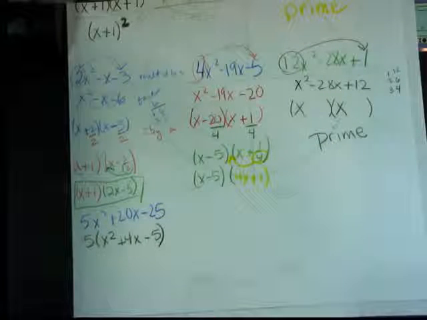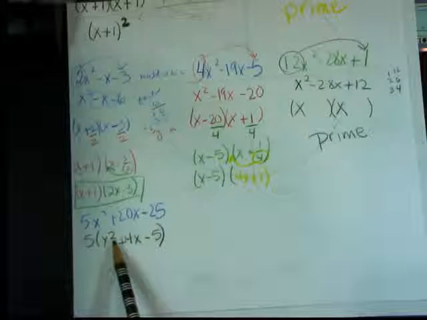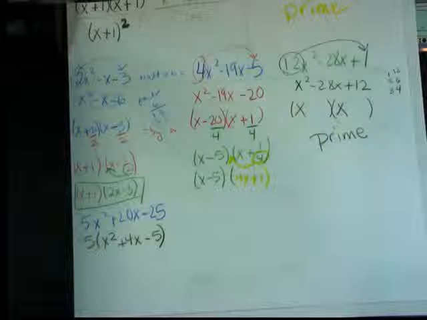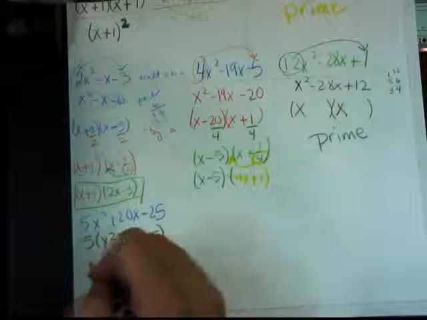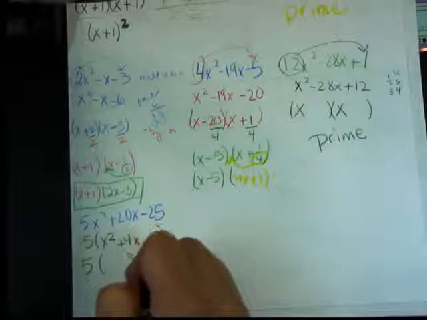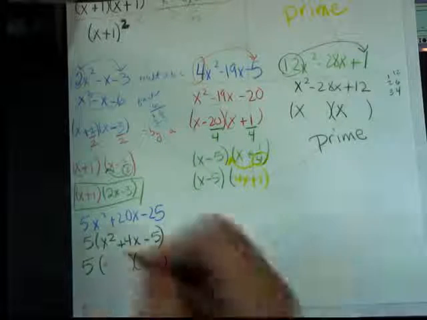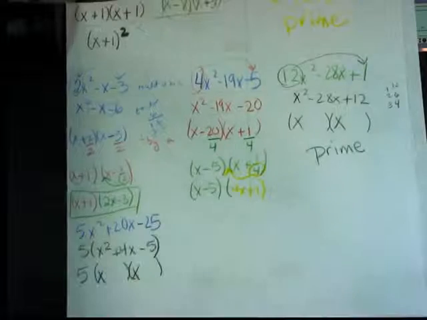Anytime I take out a greatest common factor, I need to consider the fact that I can continue factoring, especially when there is a higher power than 1 still showing. So I need to consider that this factors farther. X squared is going to break to x and x.